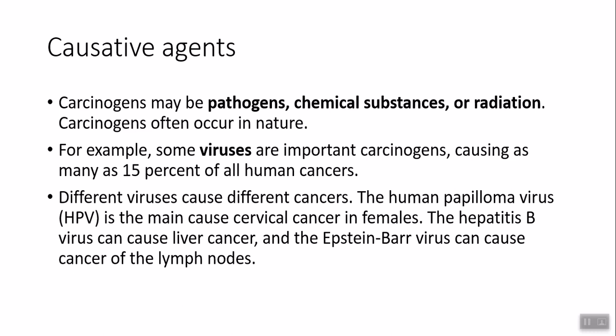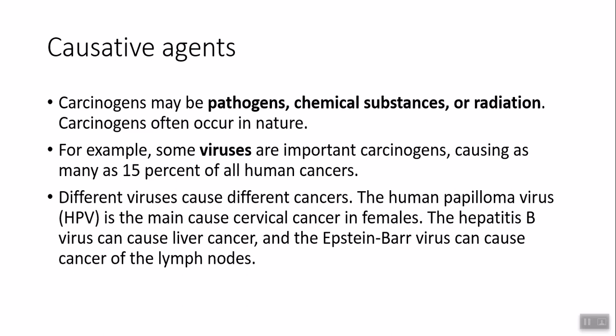So what are the causative agents? The first point: carcinogens are either pathogens, which can be bacteria, viruses, fungi, or other germs, or chemical substances that we consume, come across, or often use, or radiation.